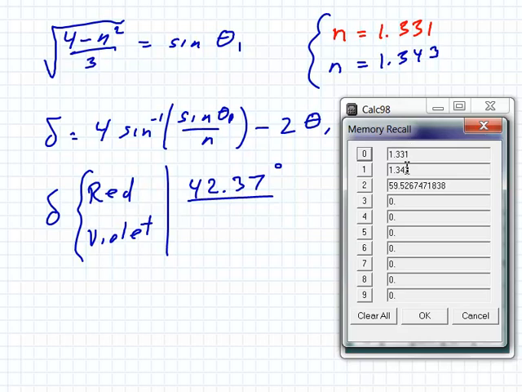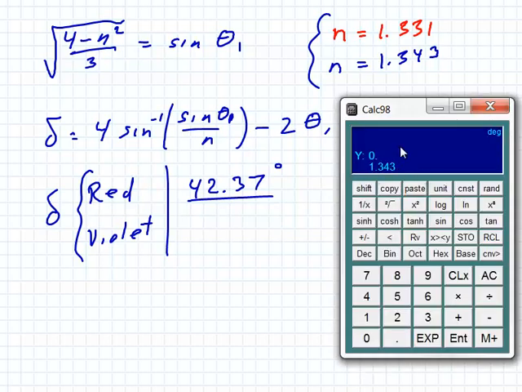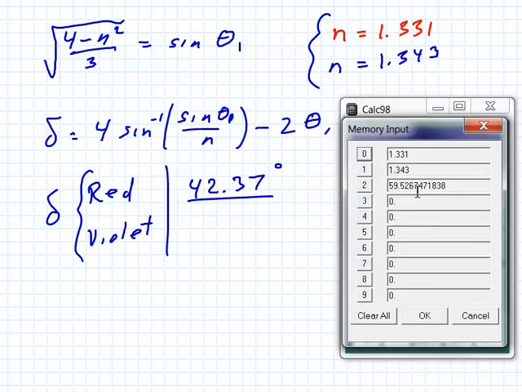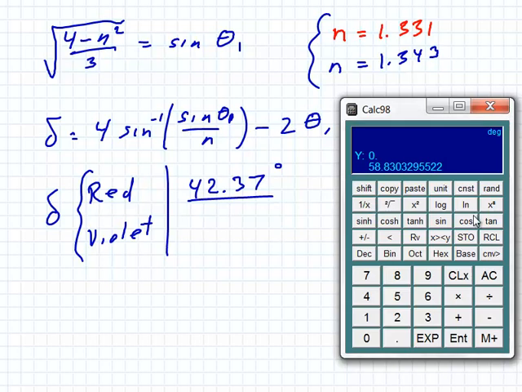So if I recall my violet version of the index, I'm going to square it, change the sign, add 4 to it, divide by 3, take the square root, and then take the inverse sine, and so I get 58.83, which is somewhat smaller, but that's not the angle we're looking for. I'm going to store that in register 3 this time.